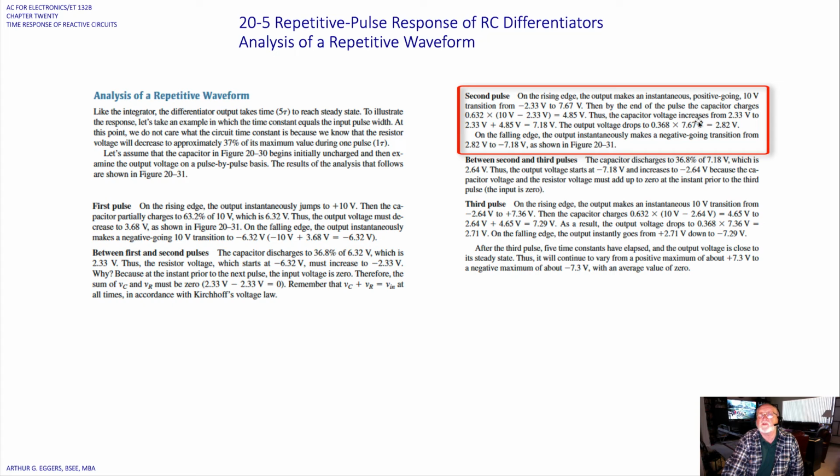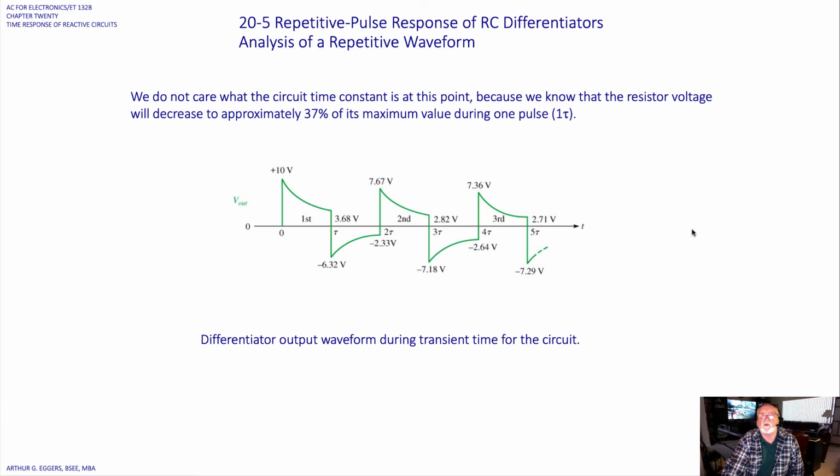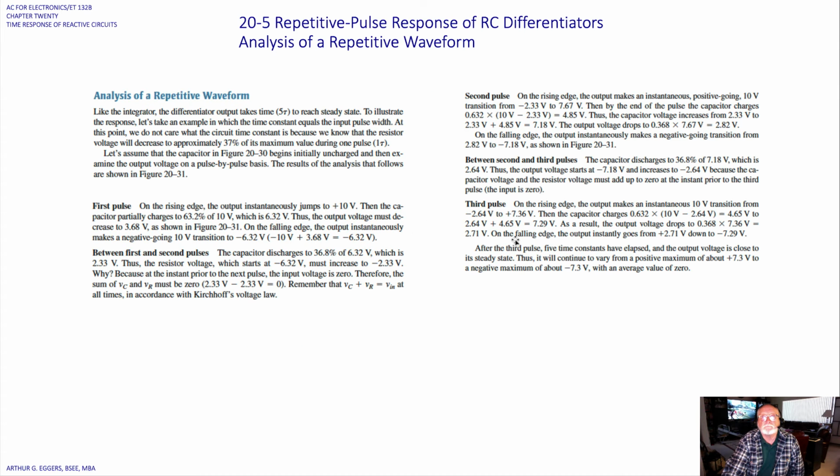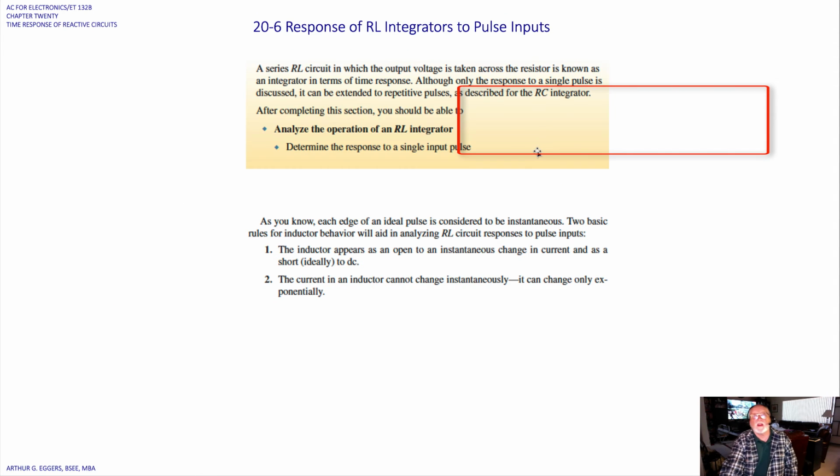Thus, the capacitor voltage increases from 2.33 volts to 2.33 volts plus 4.85, which gives us 7.18. So there we are making that transition. On the falling edge, the output instantaneously makes a negative going transition from 2.82 to minus 7.18, again as shown in the diagram.